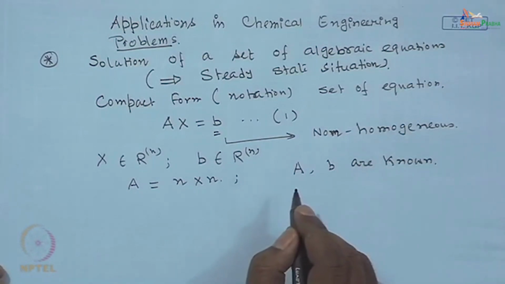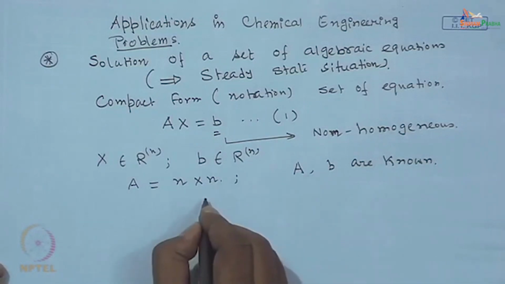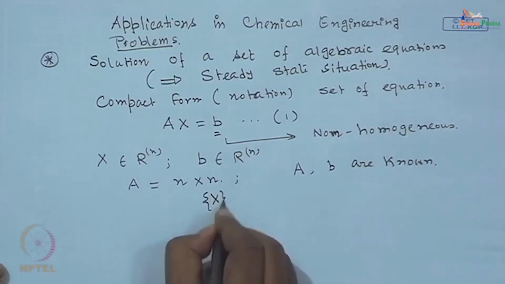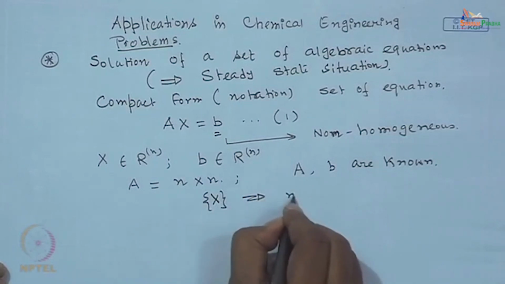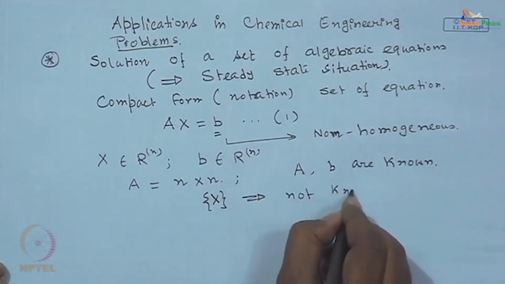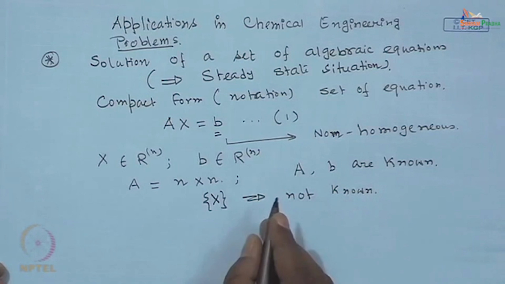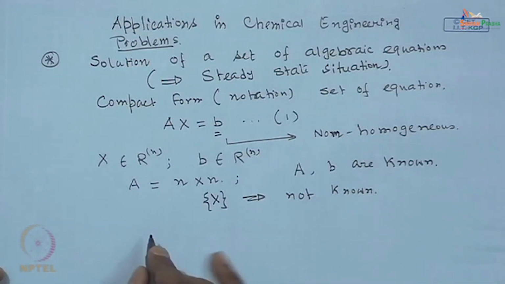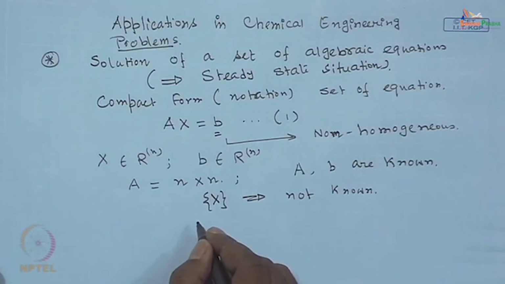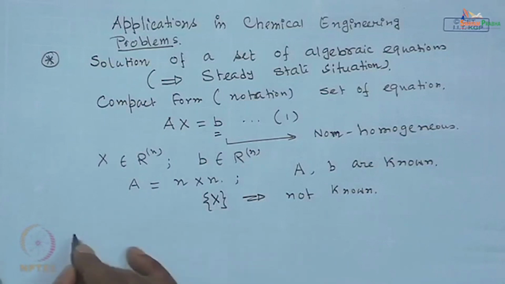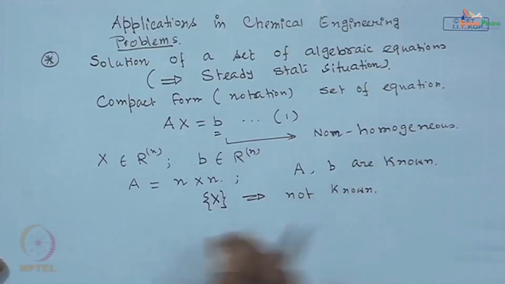On the other hand, the solution vector x is not known. So, our aim is to obtain this vector x. Now, what is the method that we are going to adopt?